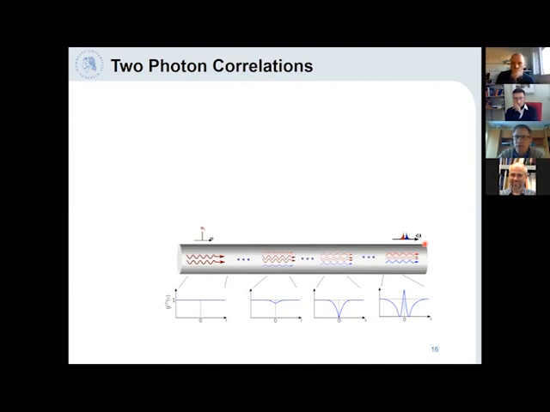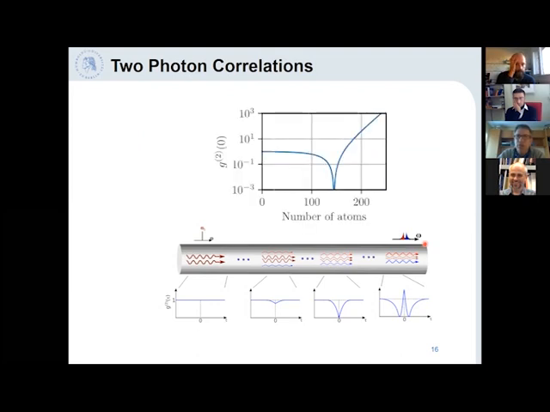If we then predict the value of G2 for 0 time delay as a function of the number of atoms in a semi-log plot, then for very low optical depth, we just expect G2 of 1.